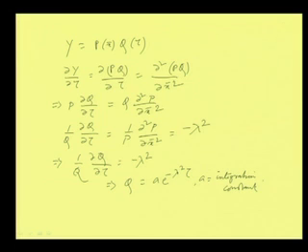So this one we can get, and here the initial condition we know is that at τ equals 0, y equals 1 for all x̄.